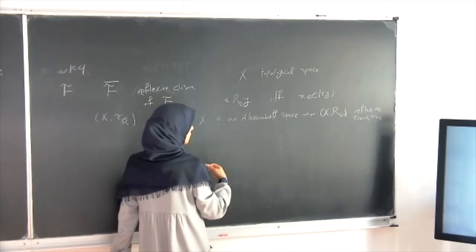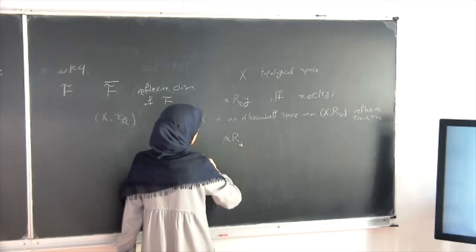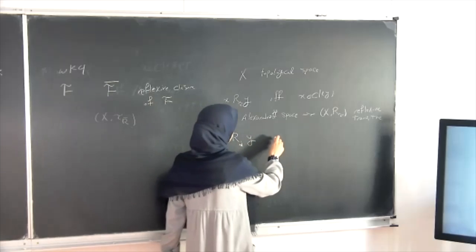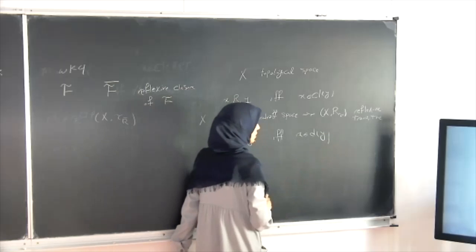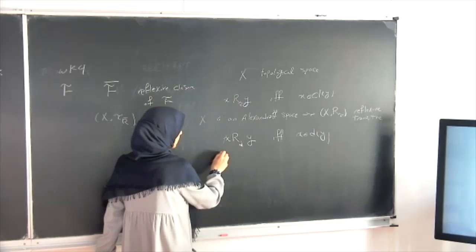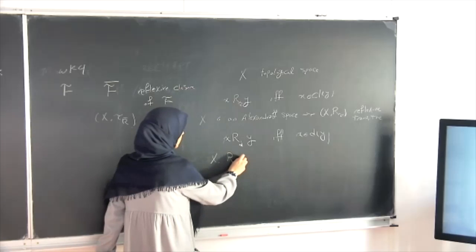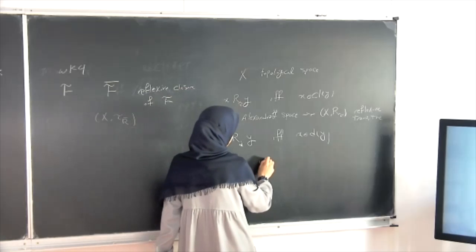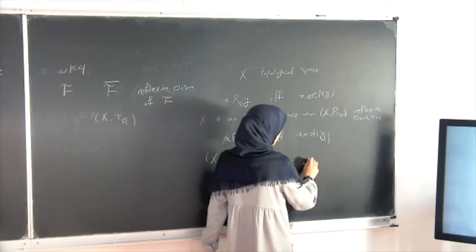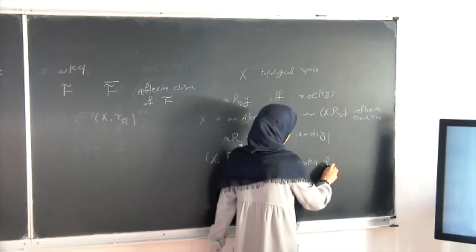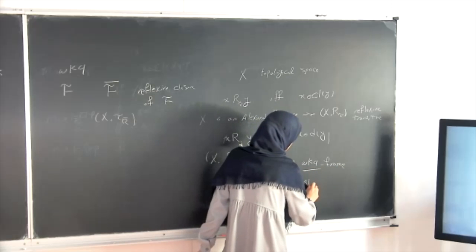Now we can define another relation over X. We can define the relation R D and say that X is related to Y by R D if and only if X is in D of Y. In this case, X and R D form an irreflexive WK4 frame. By WK4, I mean weakly transitive frame.